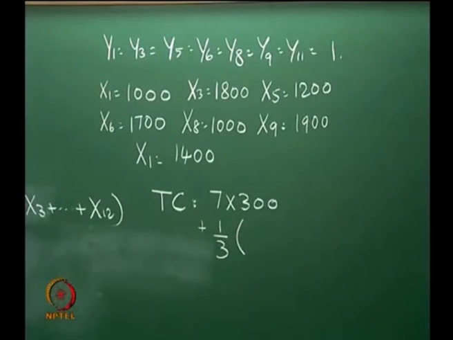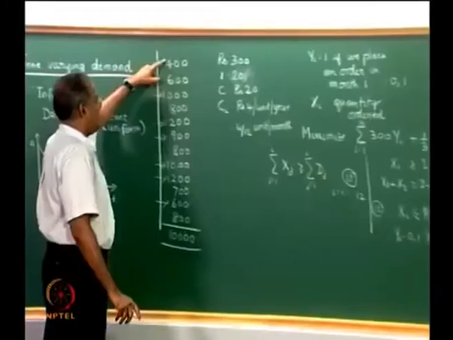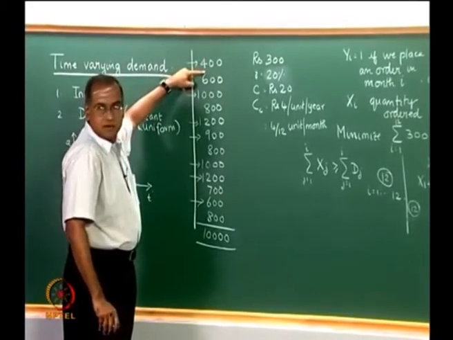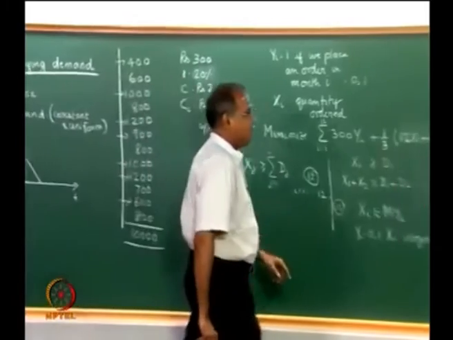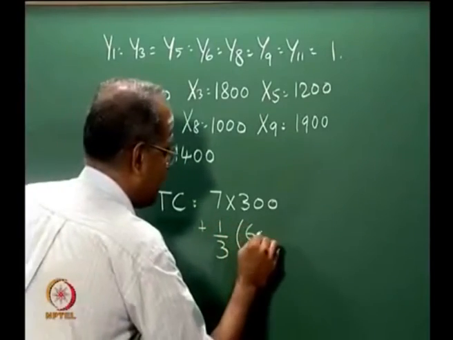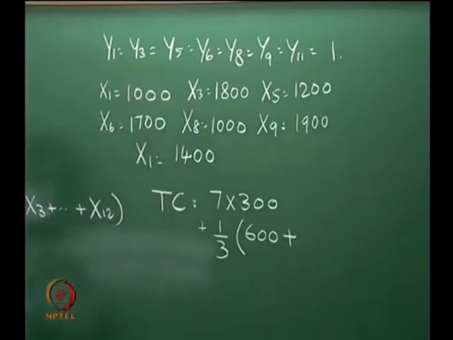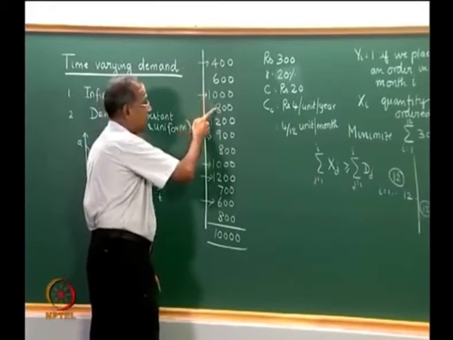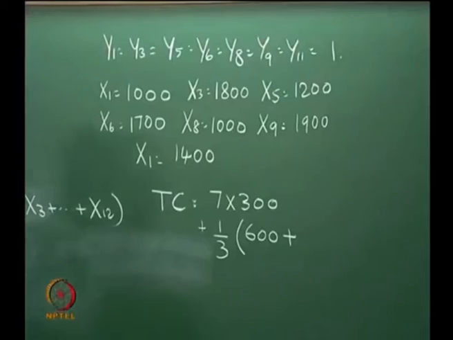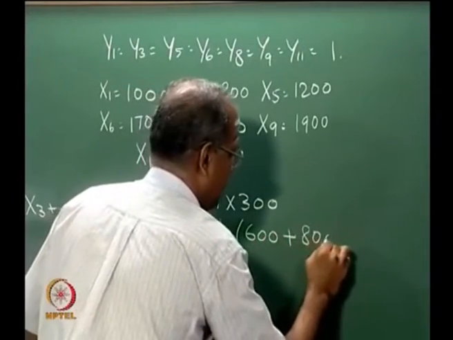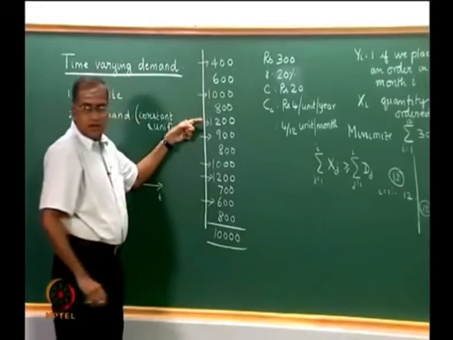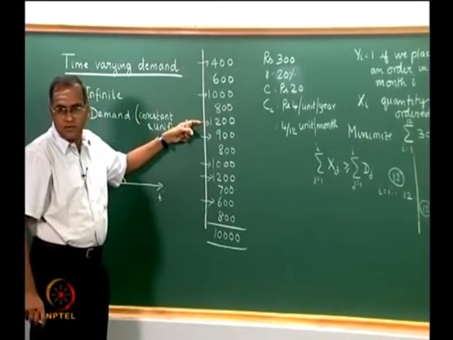into, now here we order 1000, at the end of this month we carry 600, so 600 is carried. Now here it is 0, so we order 1800, so we carry another 800 here. Now here we order 1200, we consume all the 1200 here.